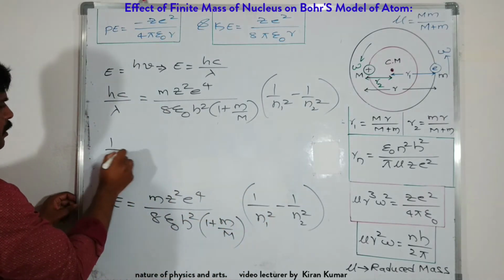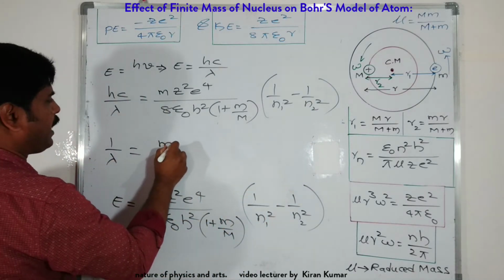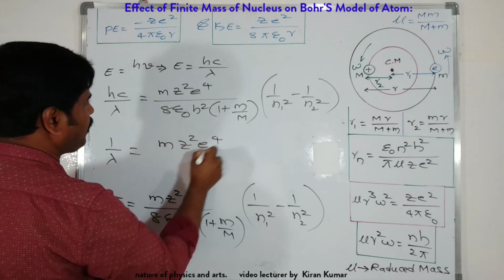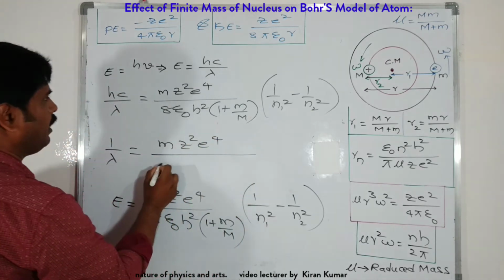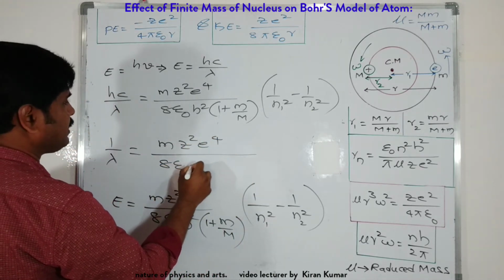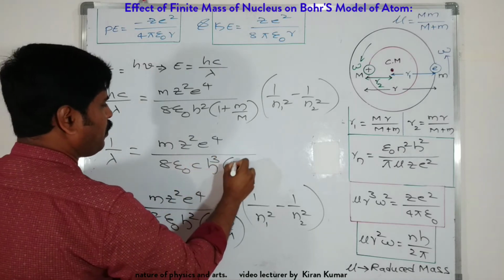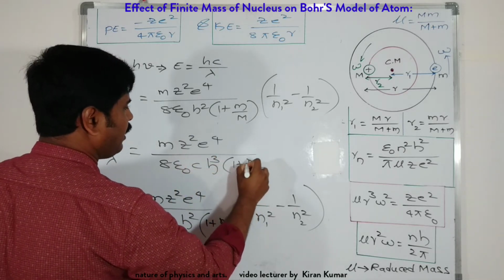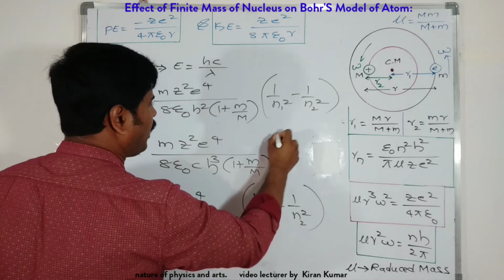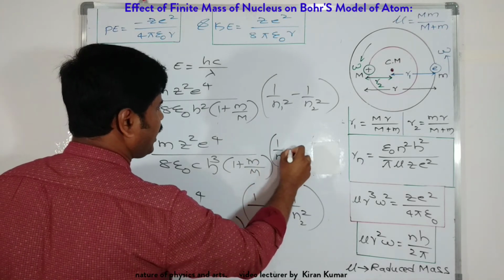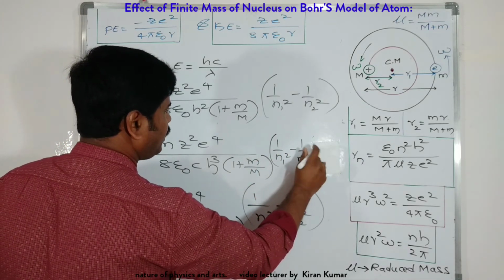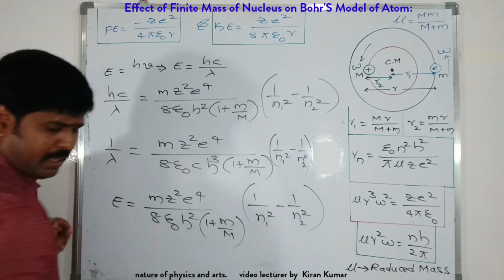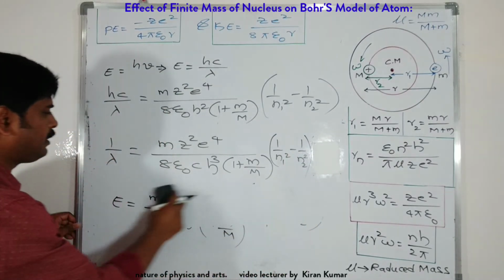And here 1 by lambda is equal to m Z square e to the power of 4 divided by 8 epsilon naught c h cube, 1 plus small m by capital M, into 1 by n1 square minus 1 by n2 square. And see the last equation.